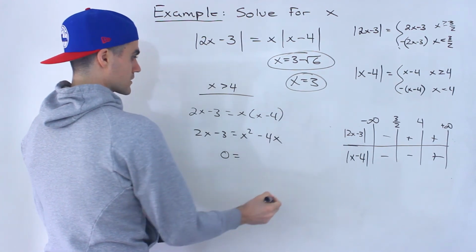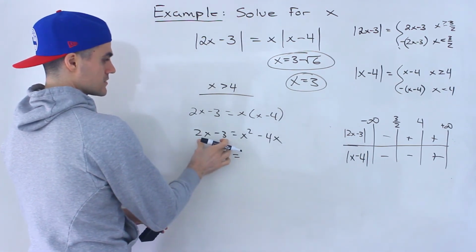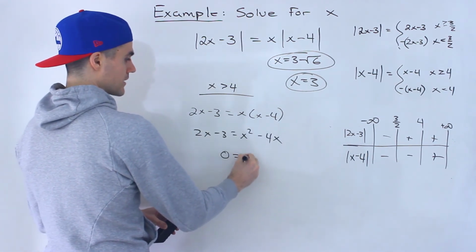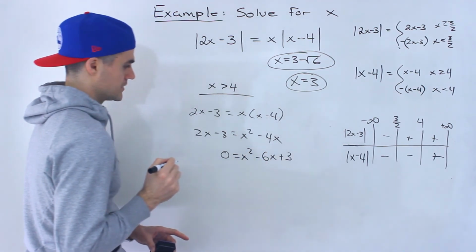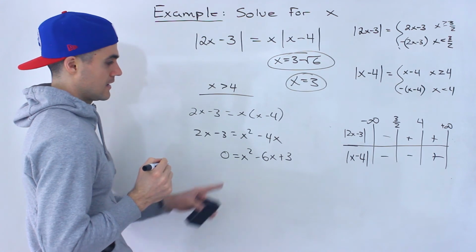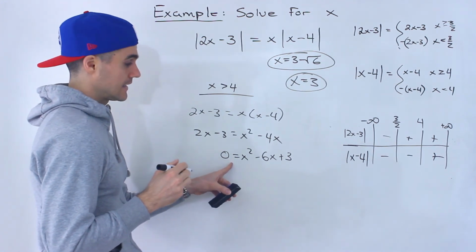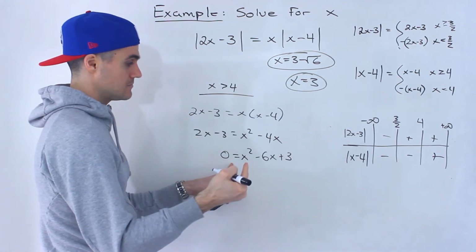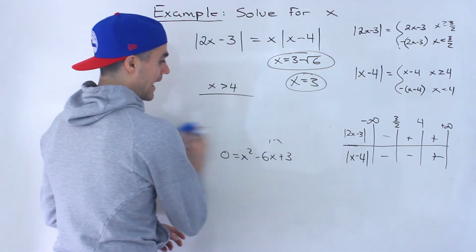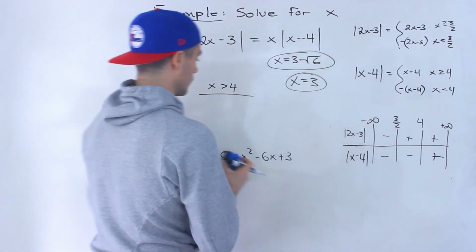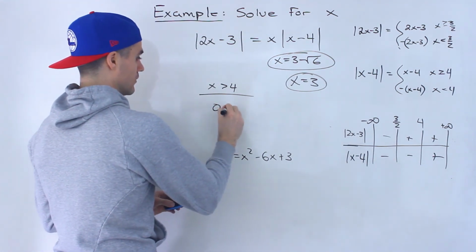Sorry, this should be 4x, my bad. So I'm going to bring everything to the right side. We'll have x squared minus 6x plus 3, like that. Notice this is the exact same quadratic equation that we had in that first interval that we worked with.